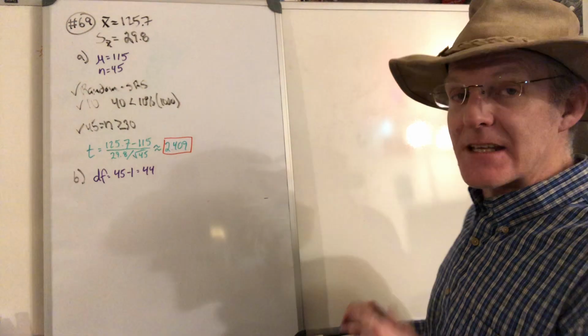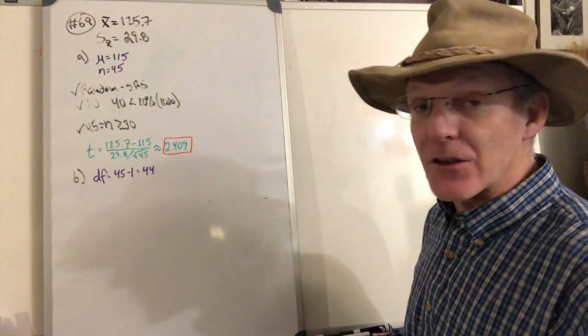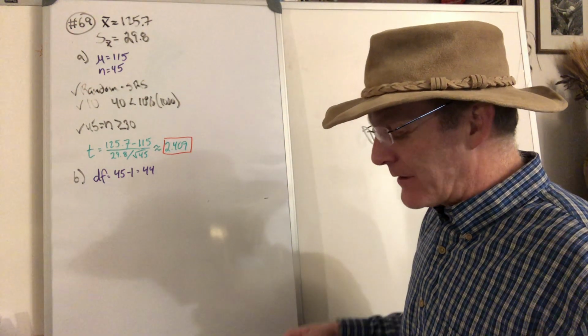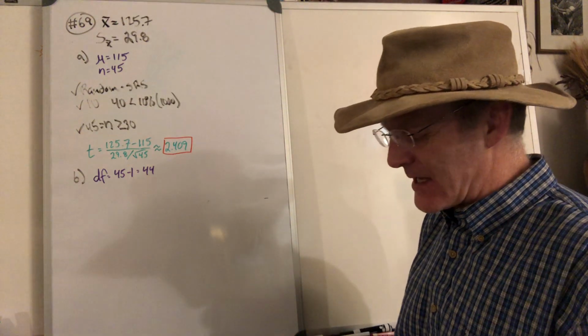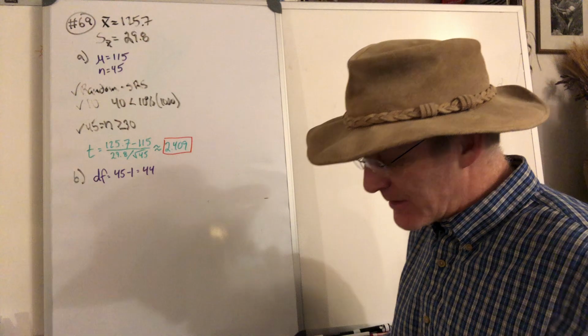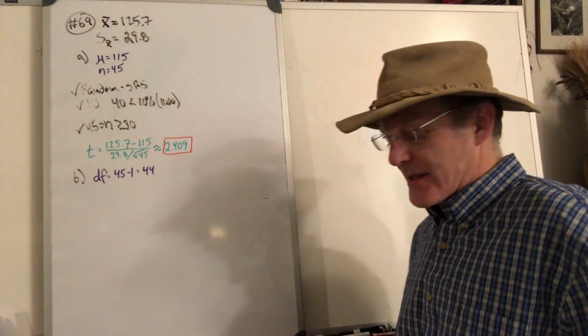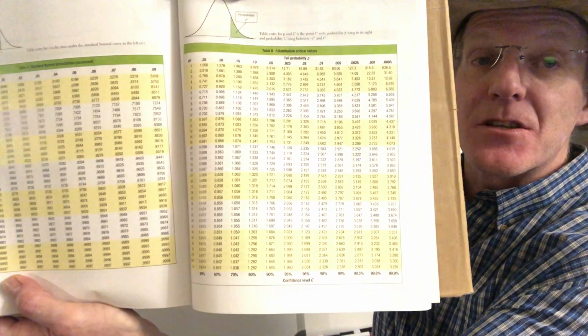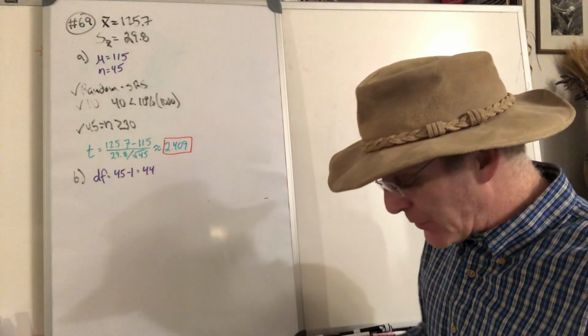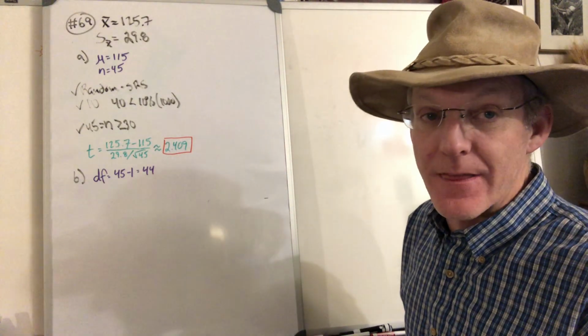So we'll use that exact number later in our calculator when we do it with tech. But for right now, we've got to use the table. Let me find the table right quick. The t-table is this one. So what you're going to do on the left-hand side is go down to 44 degrees of freedom. However, when you do, you're going to notice 44 isn't there.